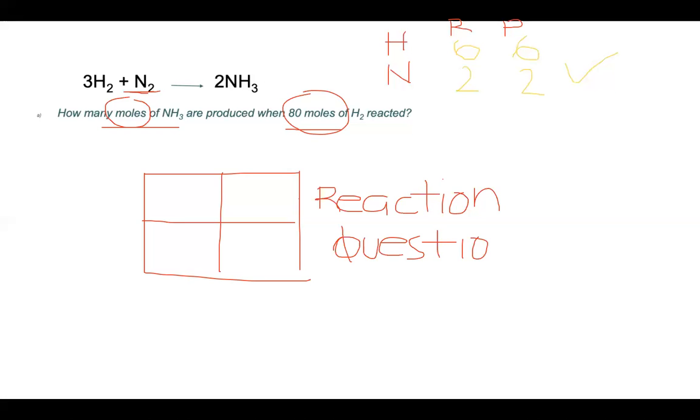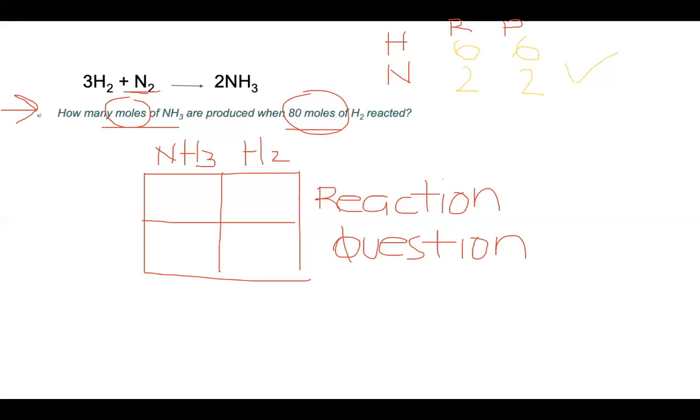As we said, at the top of the first column, we write the first element or compound that appears in the question. The question says, how many moles of NH3, so here I write NH3, are produced when 80 moles of H2 react. So here I write H2.